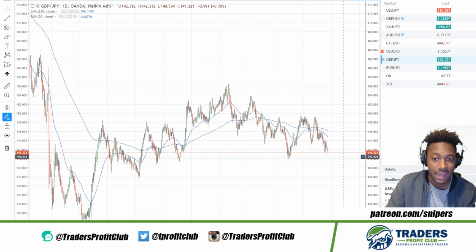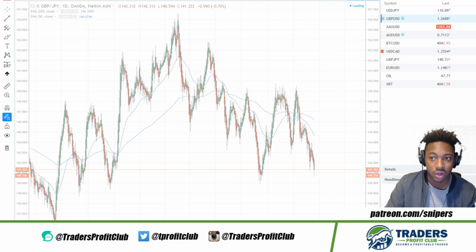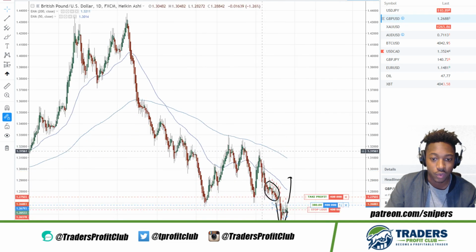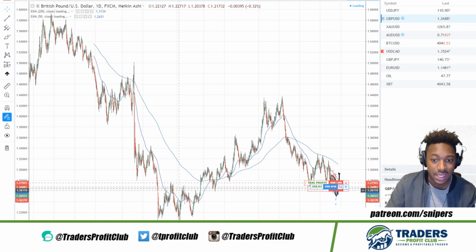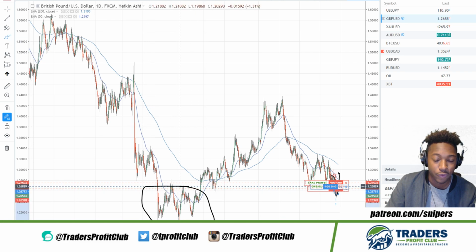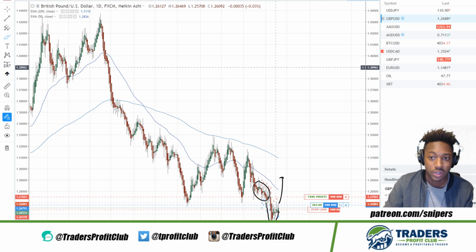So if we see that available structure, then we want to see Great Britain pound to US dollar obviously go higher. We want to see price move higher, right? Not because the same thing is available, because it's a different pair, you guys. It's not going to always do the same thing. It could be having a lot of polarity for a certain amount of time, but it's not always going to have that same structure formation, because the US dollar is different than the Great Britain pound, and the Great Britain pound is different from the Japanese yen.